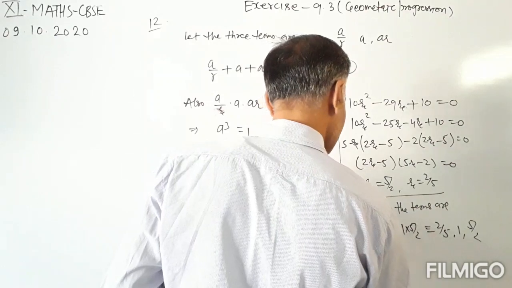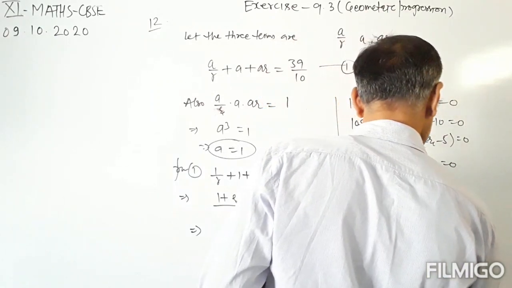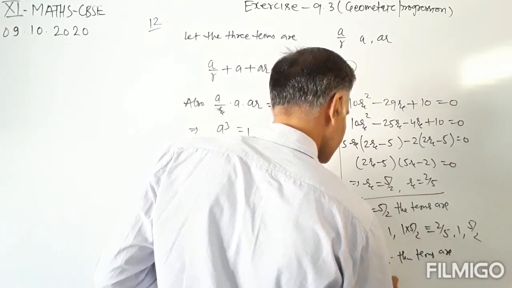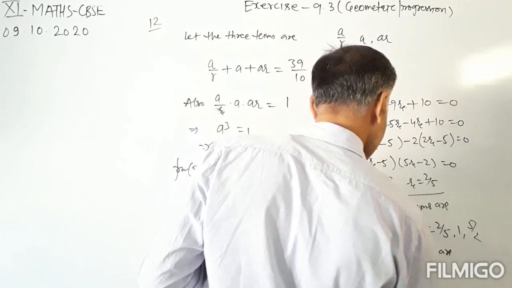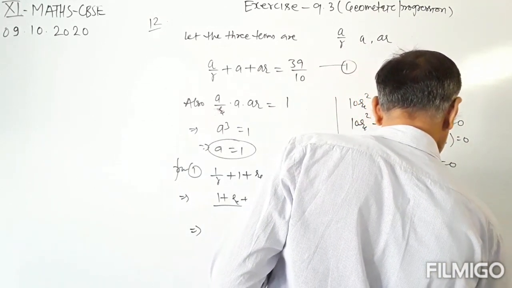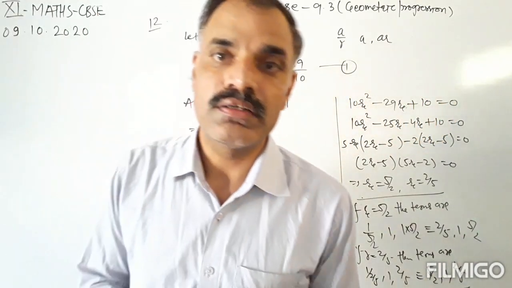If r is equal to 2/5, then the terms are 1/(2/5), 1, 2/5, that is 5/2, 1 and 2/5. These are the terms of the given AP.